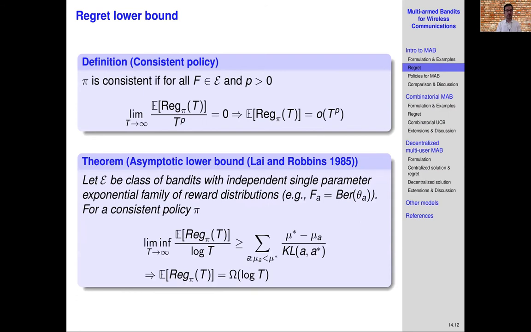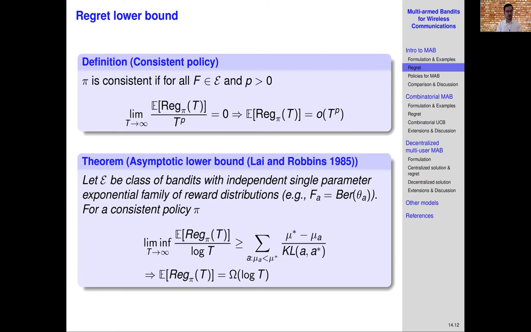Next, I will show you a negative result, which gives an asymptotic lower bound on the achievable regret. This result is by Lai and Robbins. Let E be the class of bandits with independent single parameter exponential family of reward distributions. For instance, bandits where arm rewards are Bernoulli with unknown parameters theta A. In this case, any consistent policy incurs regret that grows at least logarithmically over time.